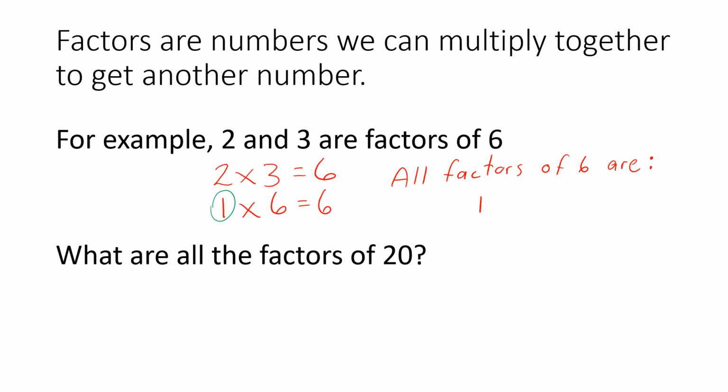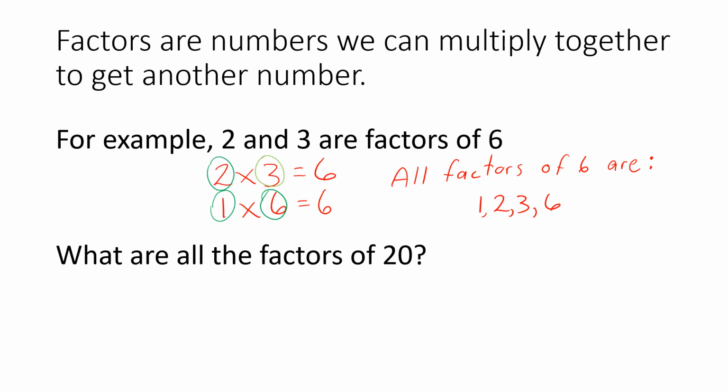Also 2, I'm going to write them in order. So 2 and 3. And finally 6. 6 is the largest of the factors. So all factors of 6 are 1, 2, 3, and 6.